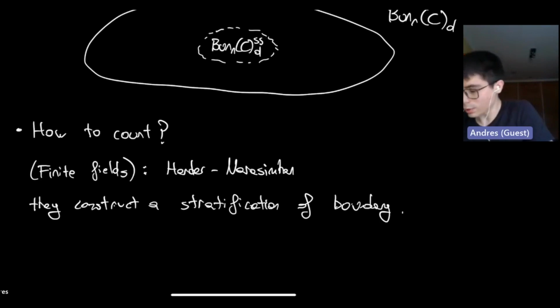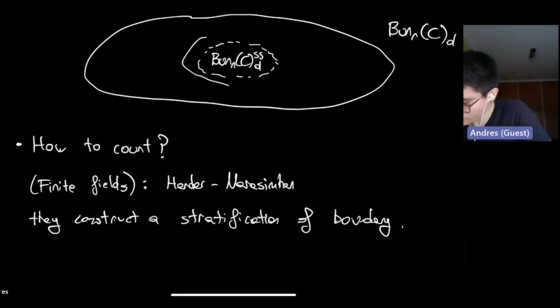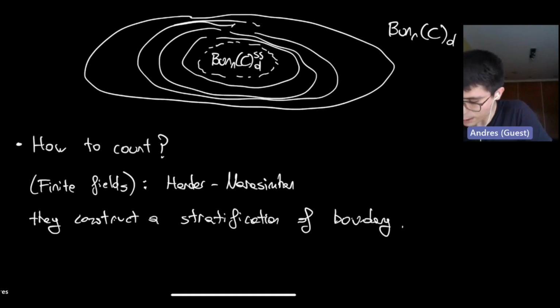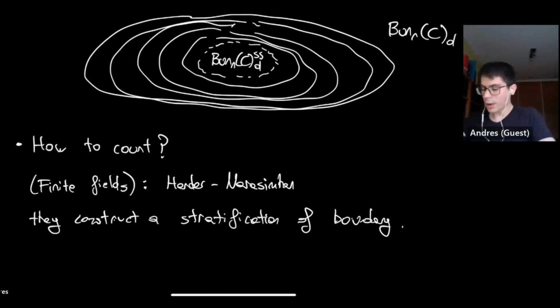And what you can do is you can take this boundary and again stratify. It's an infinite stratification. And in order to understand counts over the semi-stable locus, you can count over the whole stack. That tends to be easier, and then somehow control the error terms recursively by subtracting the counts of these additional strata that you're overcounting.